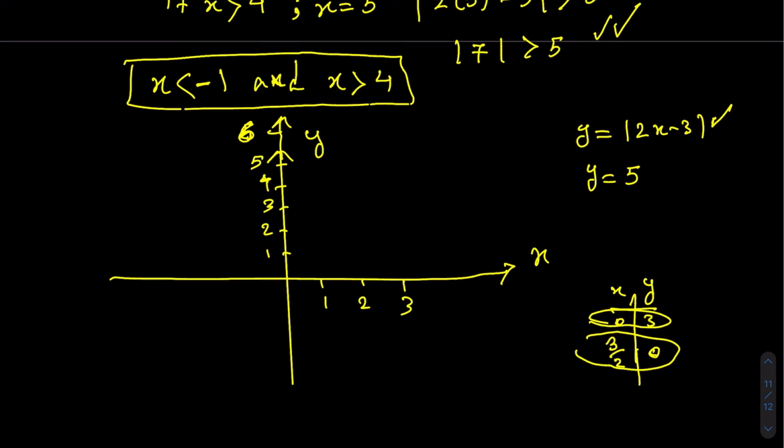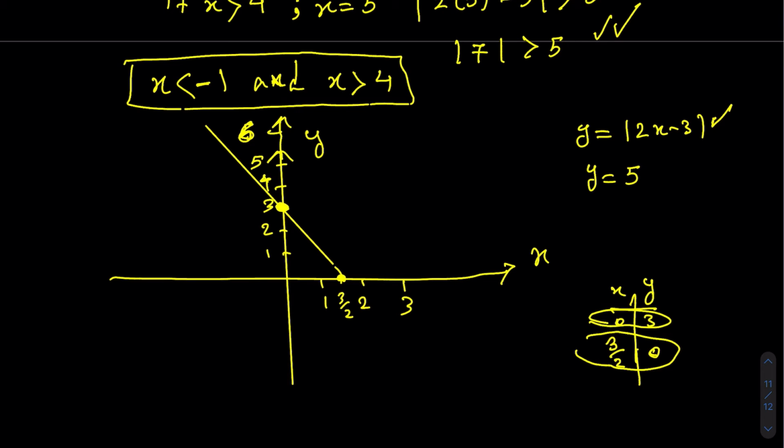So here we have two points: 0 and 3, and 3/2 and 0. We have these two points, and then we extend the line.